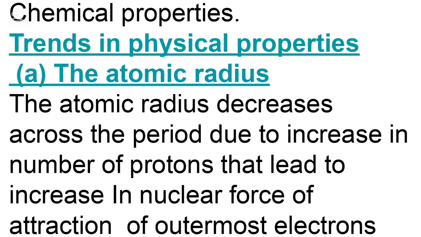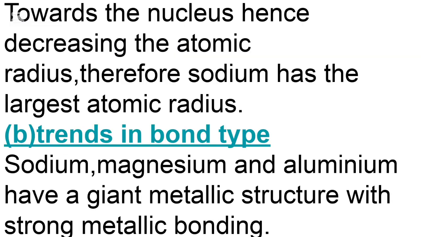It decreases across the period due to increase in the number of protons that lead to an increase in nuclear force of attraction of outermost electrons towards the nucleus, hence decreasing the atomic radius. Therefore, sodium has the largest atomic radius.